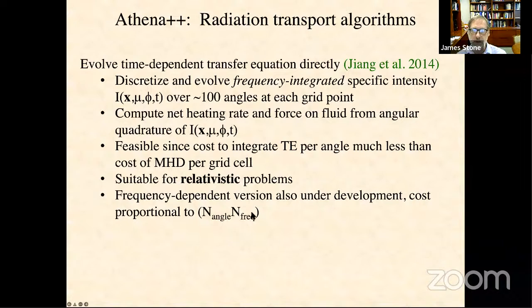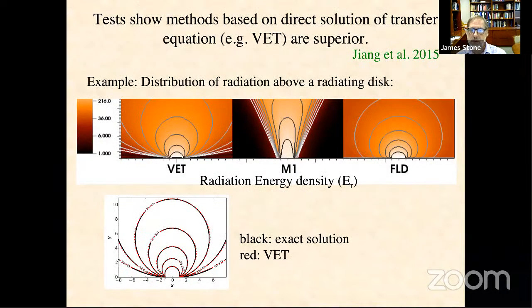Currently, we have a frequency-dependent version working as well, and we're doing new calculations with frequency-dependent transport. And these full transport methods are really quite important, because the current generation of modeling radiation transport typically involves approximate methods.